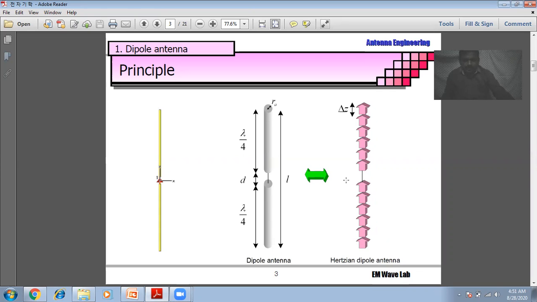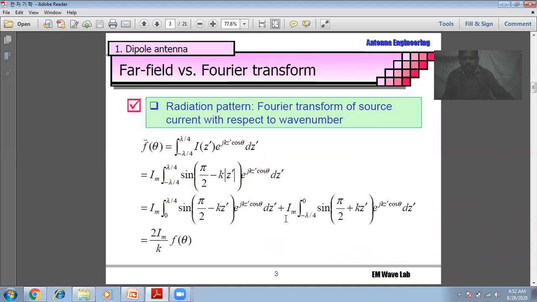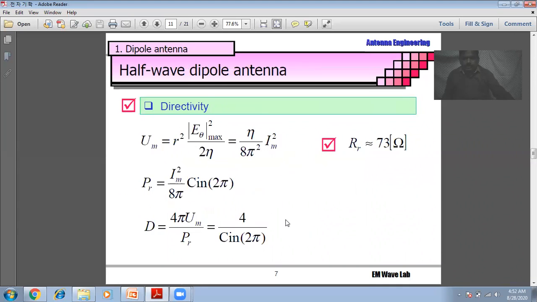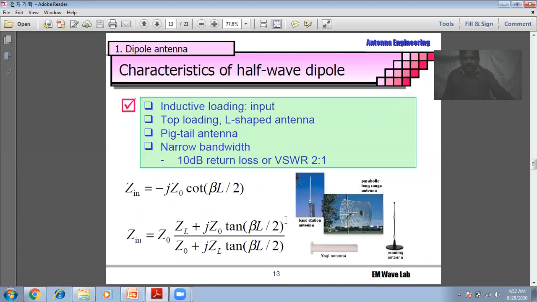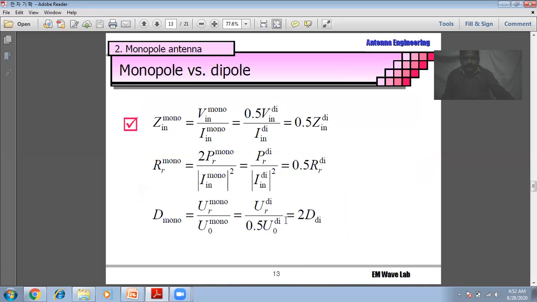Just now we are visualizing this entire antenna as an end-to-end connection of Hertzian dipoles. These are finite length elements, and when connected end to end, these will form this entire antenna. All these expressions will come in the coming units.